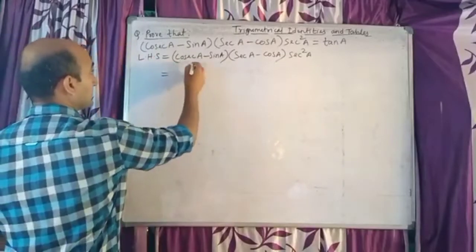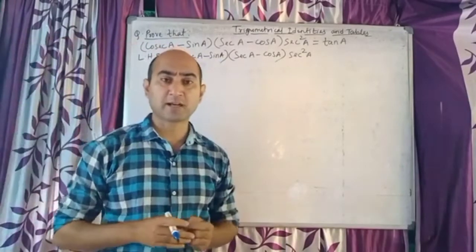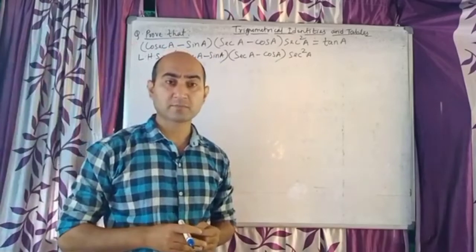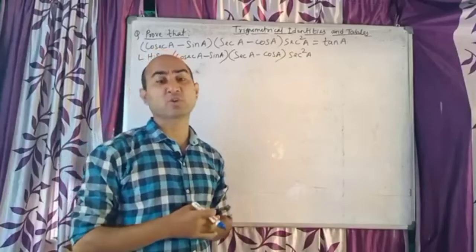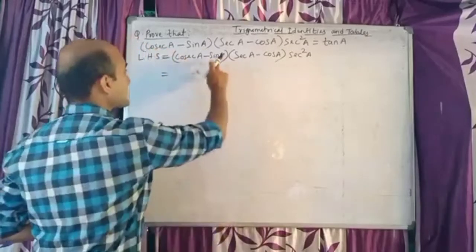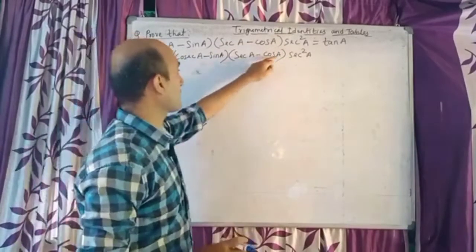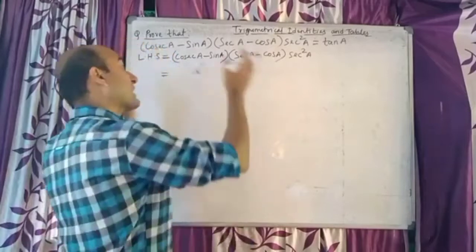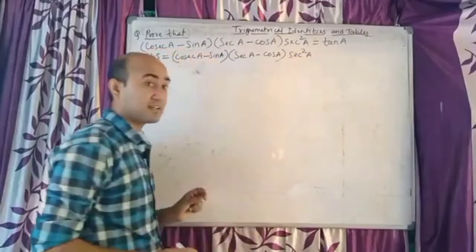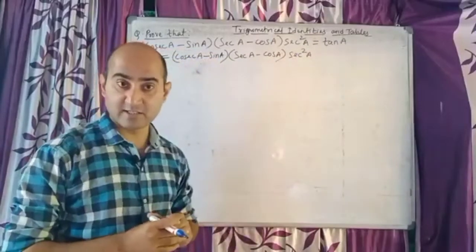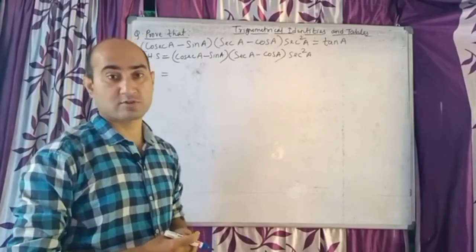Okay. Now what you do, you just try to use those formulas in which you can convert the identities either in sine or cos. Sine and cos, you keep it same, but the other identities like cosec A, sec square A, you try to convert either in sine or cos.